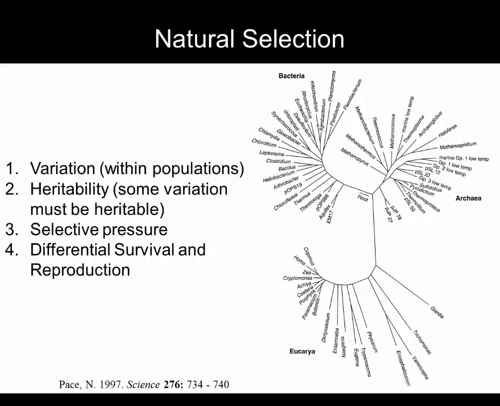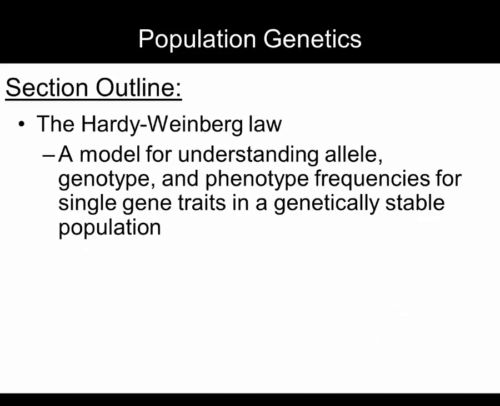Darwin was unaware of the concept of the gene as a hereditary unit, but the rediscovery of Mendel's work in the early 20th century led to their ideas being united in what we call the modern evolutionary synthesis. Population genetics helped bring about this synthesis. To discuss population genetics, we'll begin with the Hardy-Weinberg law. This provides a model for how allele frequencies relate to genotype frequencies within a genetically stable population.